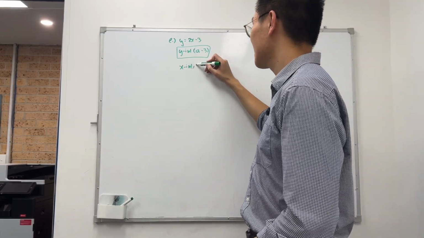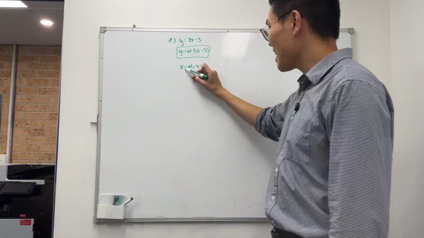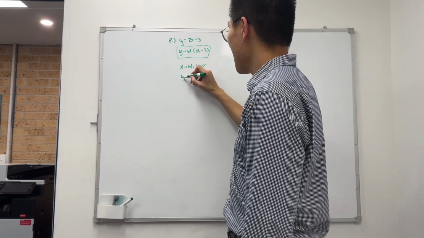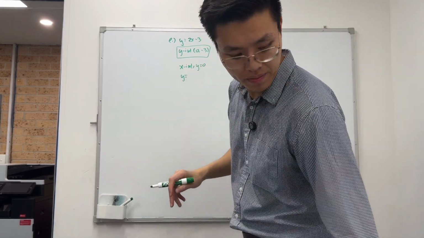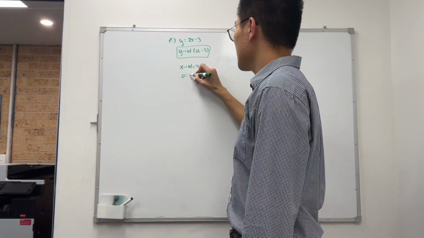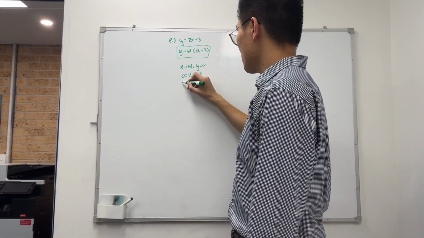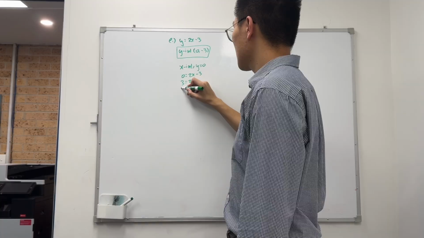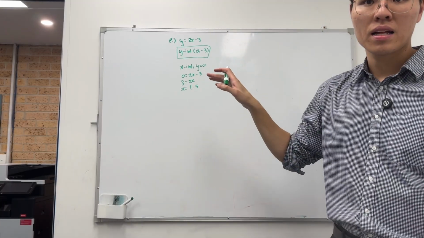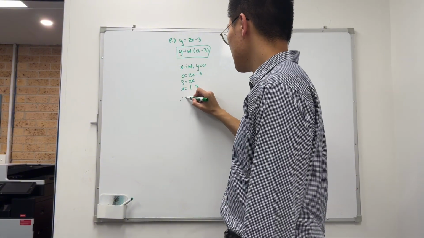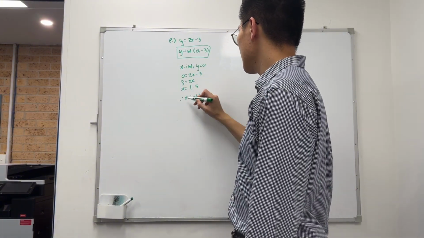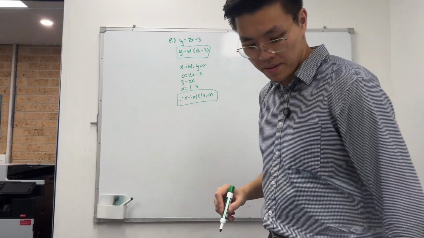Exactly. So if it's the x-intercept, you just make the other one equal 0. So 0 is equal to 2x minus 3. x equals 1.5. Did you follow that? Yeah. So therefore the x-intercept is 1.5, 0.